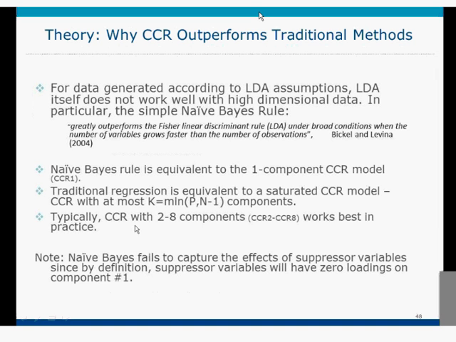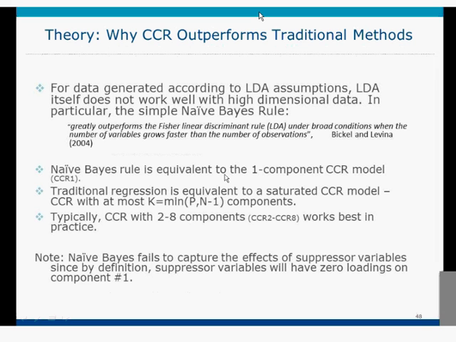Additional theory regarding regularization, by optimizing the amount of regularization that's needed, suggests 2 to 8 components work best in practice. Also, naive Bayes fails in another way, because the one-component model will fail to capture suppressor variables, since by definition suppressor variables will have 0 loadings on component number 1.